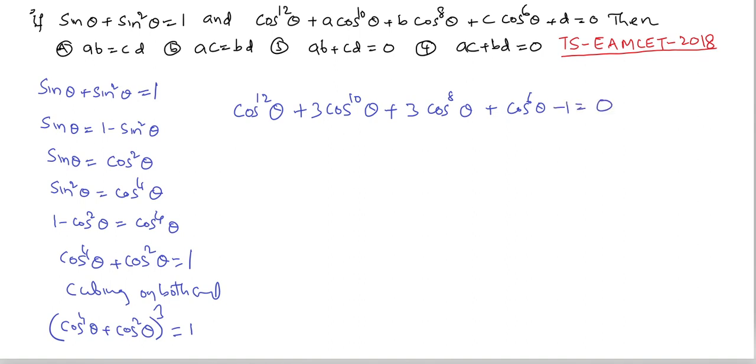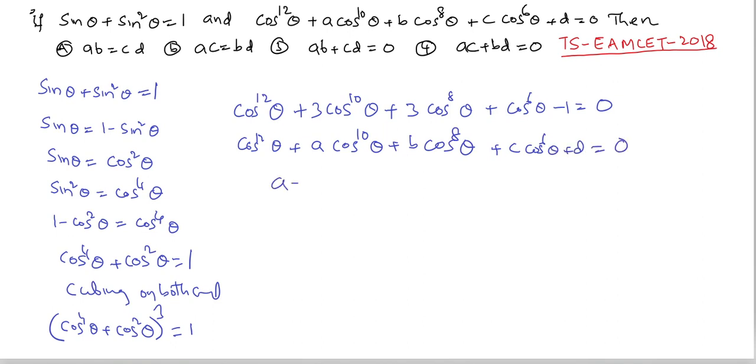This is given in the problem, cos power 12 theta plus a cos power 10 theta plus b cos power 8 theta plus c cos power 6 theta plus d is equal to 0.